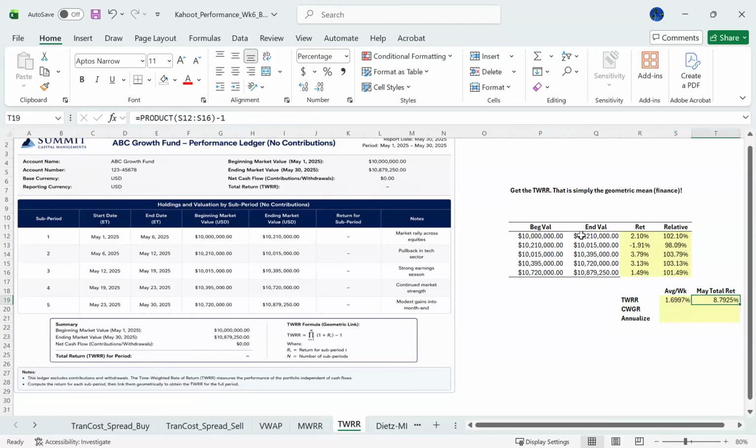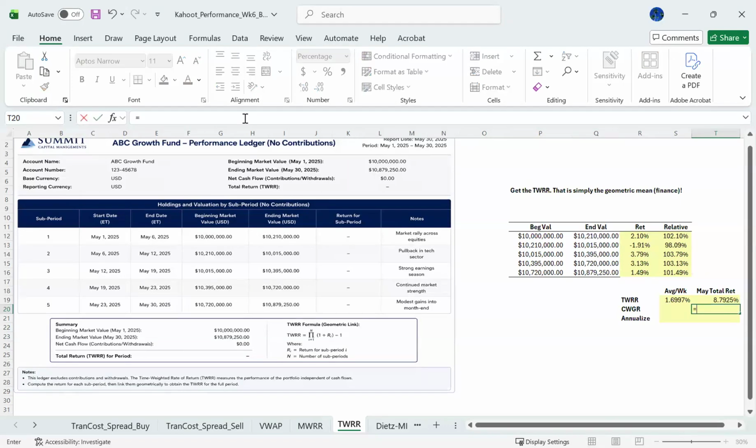But if you're getting the overall time-weighted rate of return for the whole month, we just need to get the product and subtract 1. Now, another way of getting the average per week or the May total return would be the concept we are usually familiar with, the compounded annual growth rate.